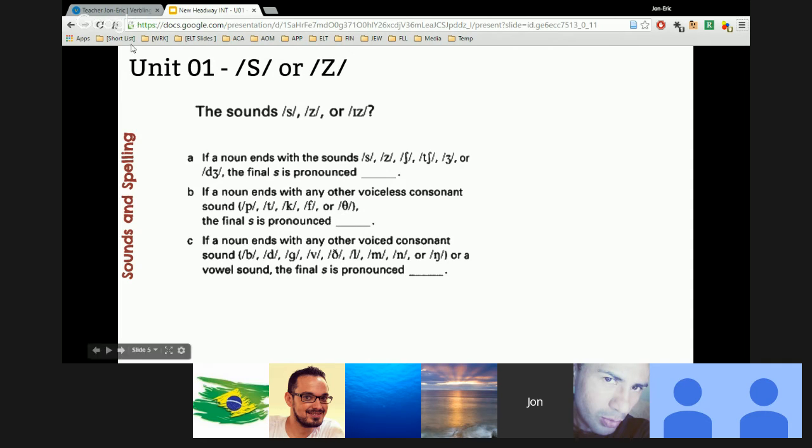So let's go to Mr. Edson. Can you read C for us? Yes. If a noun ends with any other voiced consonant sound, B, D, G, V, I don't know how to pronounce the next. So let me help you out.